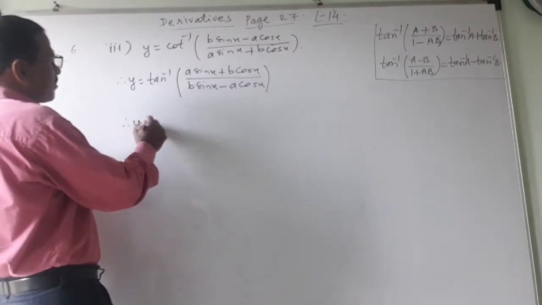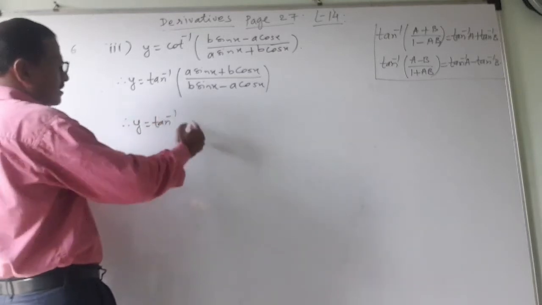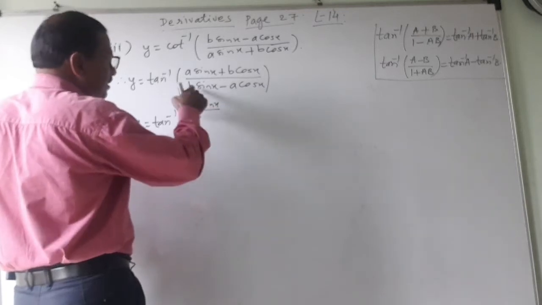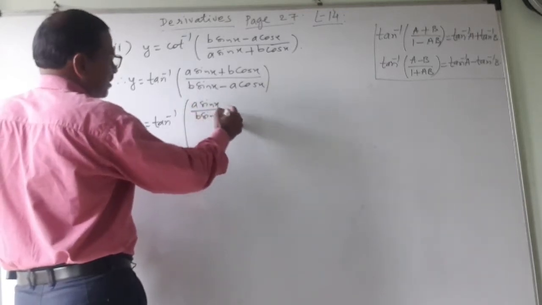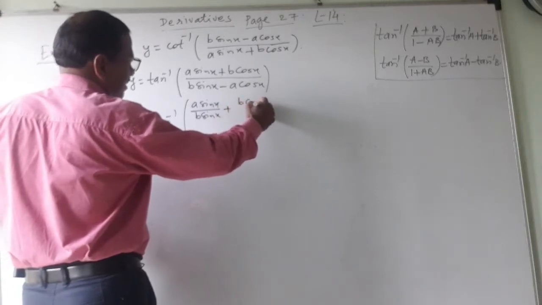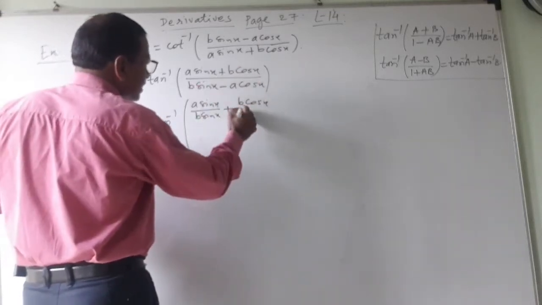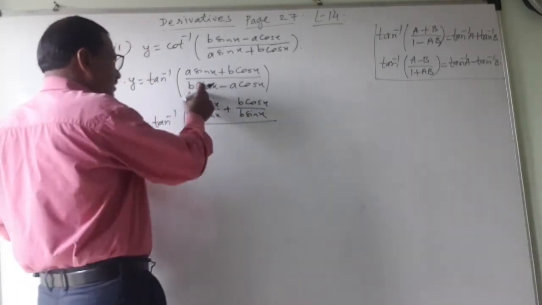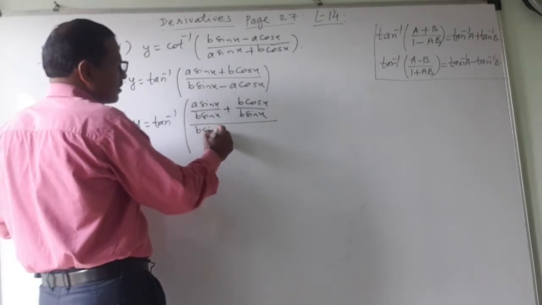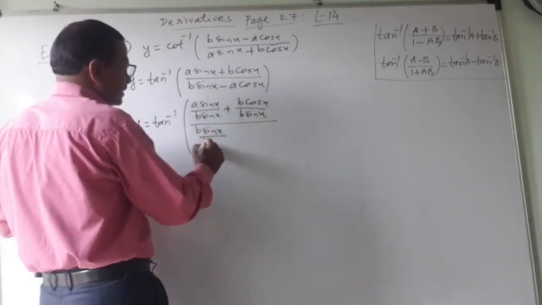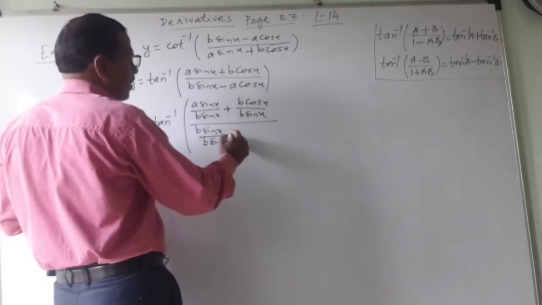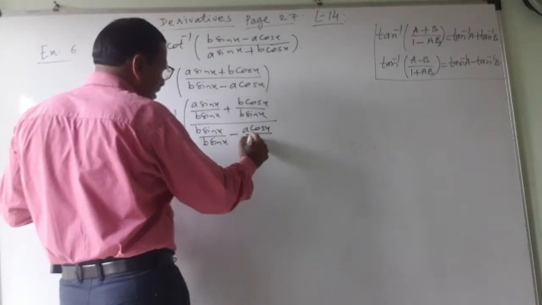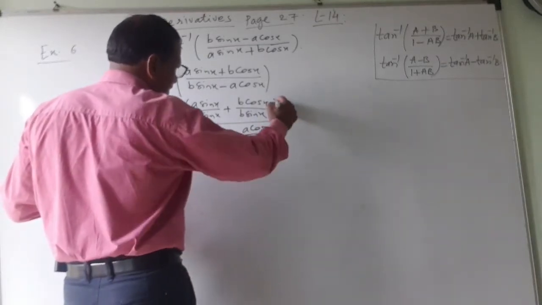Therefore, y is equal to tan inverse of a sin x upon this b sin x plus b cos x. To this also I am dividing by b sin x, upon, here also b sin x upon b sin x minus a cos x upon b sin x, this way.